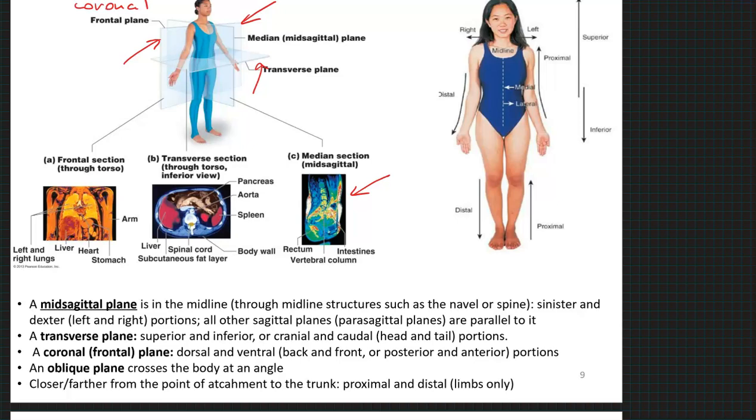So these planes determine what we call directional terminology. We can explain how different organs or wounds or lesions are positioned relative to each other. We're going to start with the mid-sagittal plane.